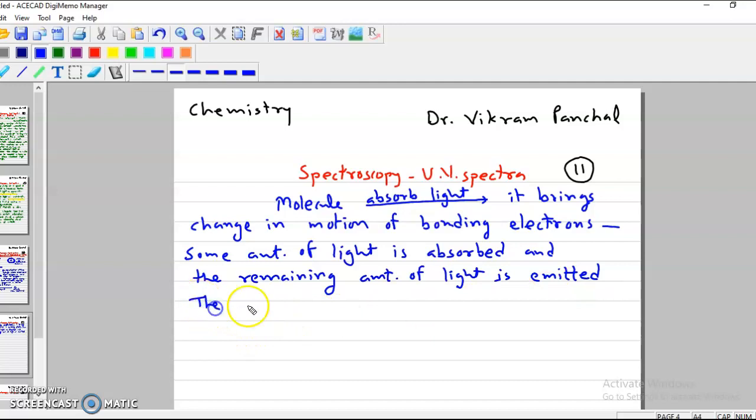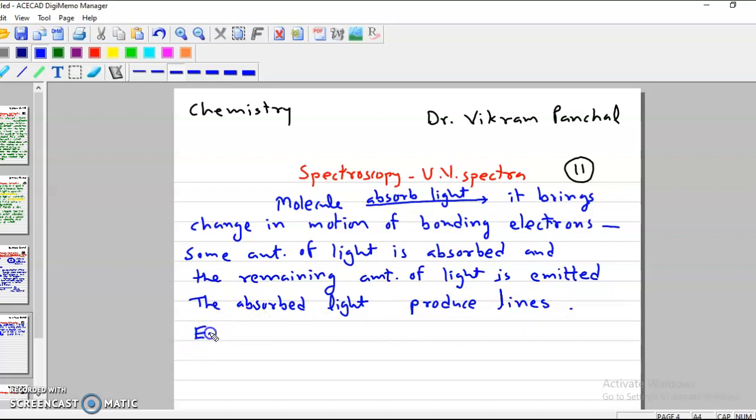This absorbed light produces lines. This is the characteristic of spectra, that in any spectra you will observe only lines.